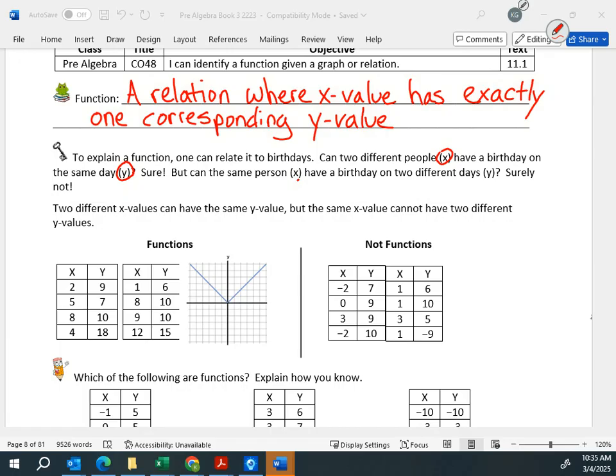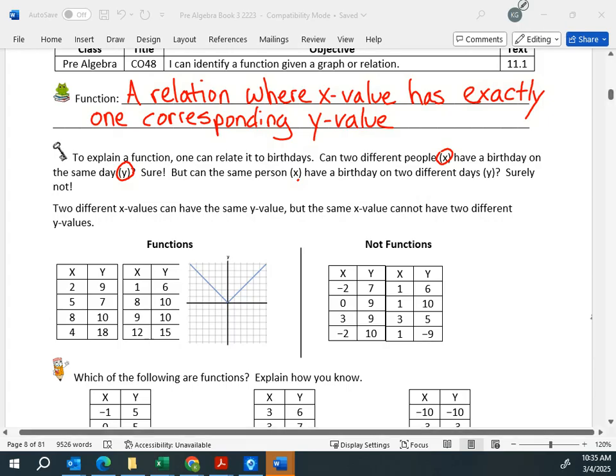Okay, so we're going to look at all of our data that we're being given, and we're going to determine, is this a function or not a function? So let me scroll up.